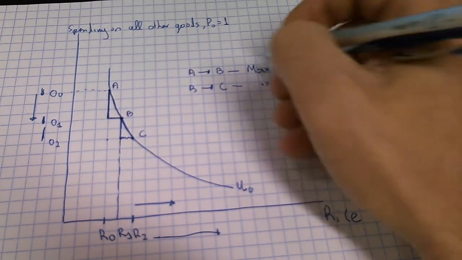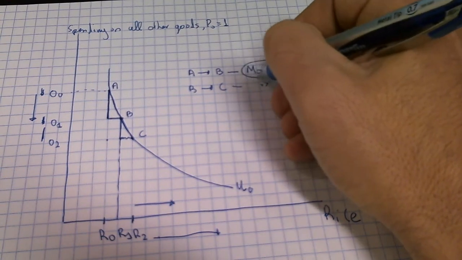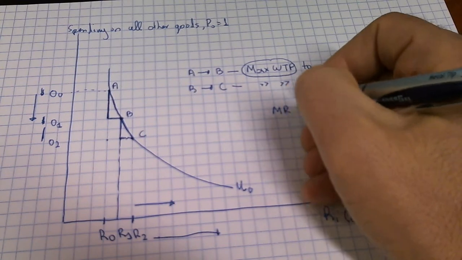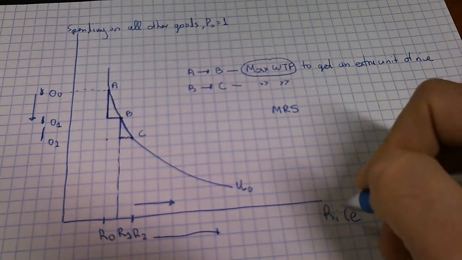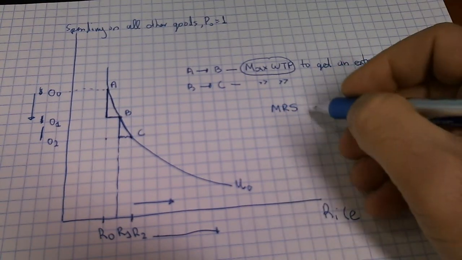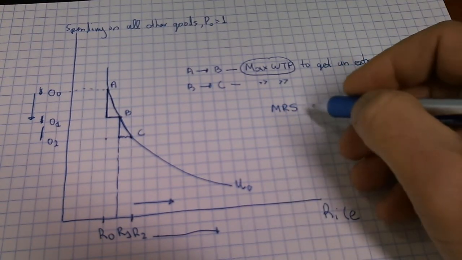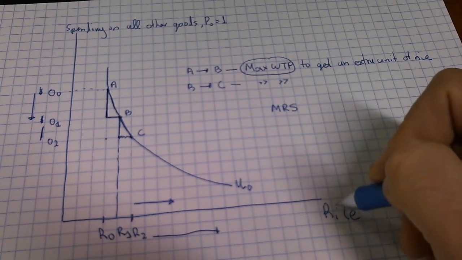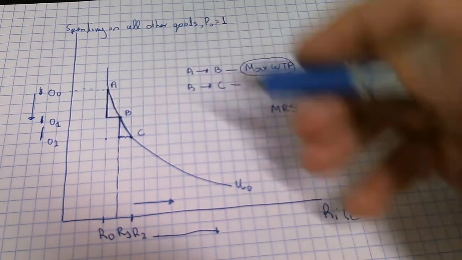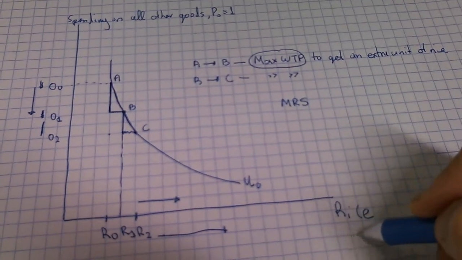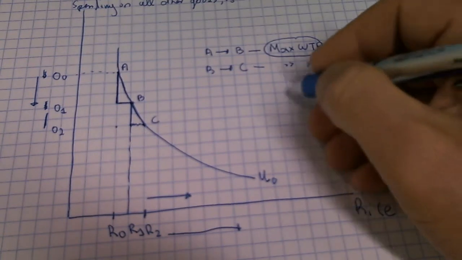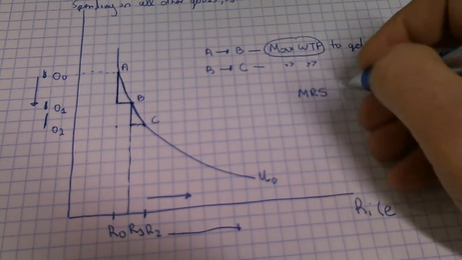Notice that this is the maximum willingness to pay. Another term that we use is the marginal rate of substitution of rice for spending on other goods: how much you're willing to give up of other goods to get one additional unit of rice and be just as happy is known as the marginal rate of substitution. Okay, marginal rate of substitution.